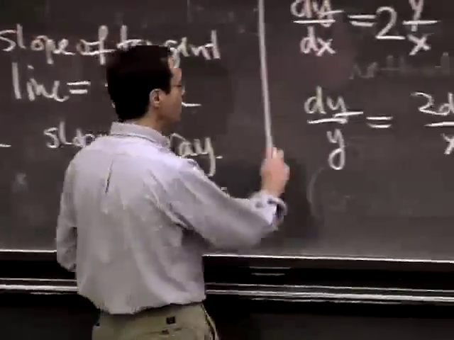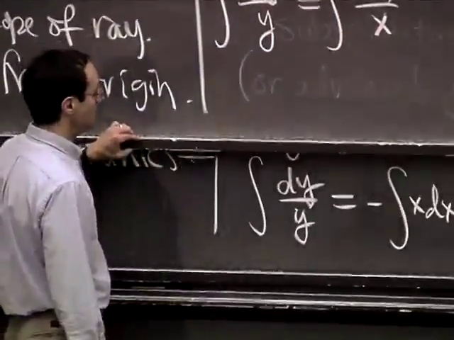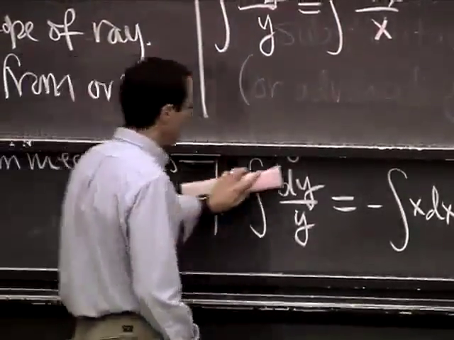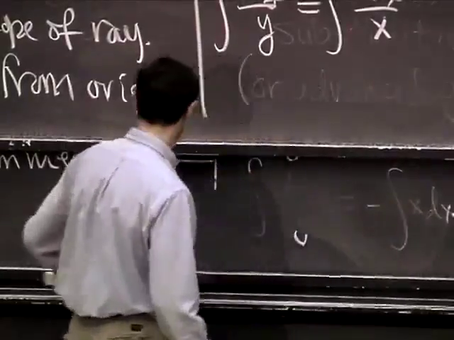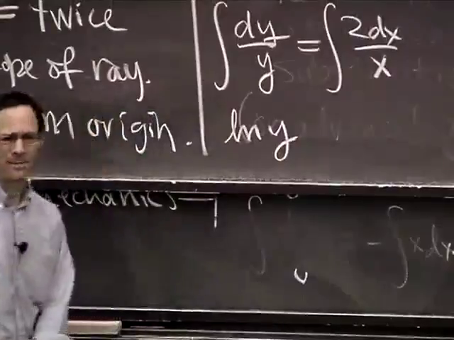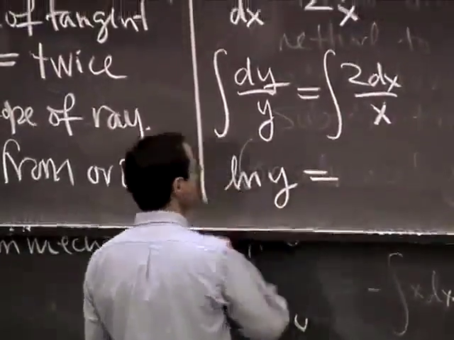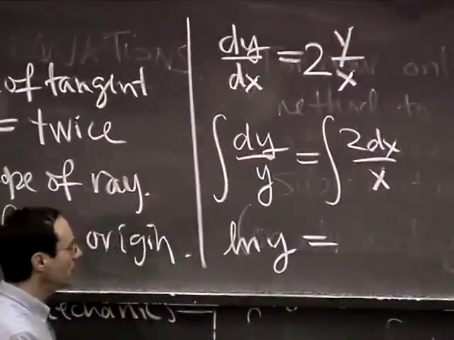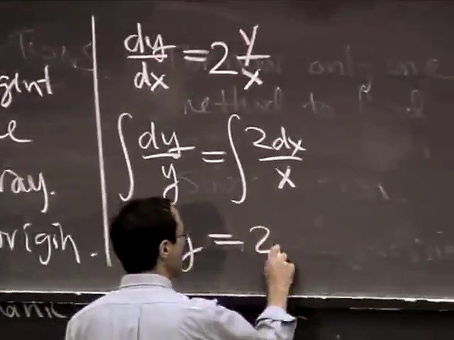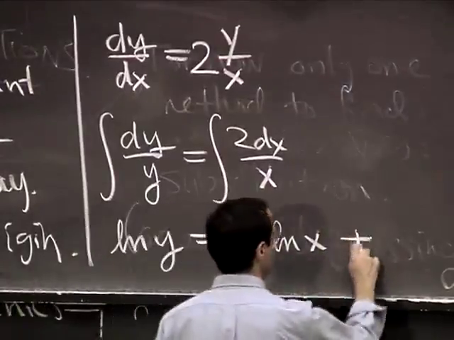And now if I integrate that, on the left-hand side, I have the logarithm of y. On the right-hand side, I have twice the logarithm of x plus a constant.